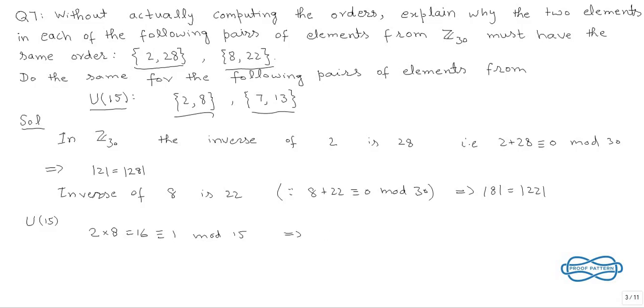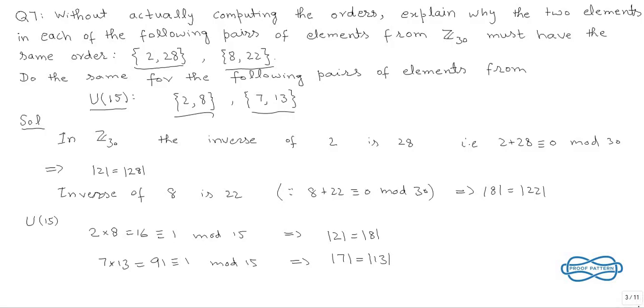This means the order of 2 is equal to the order of 8. And similarly, 7 and 13 are inverses of each other under multiplication modulo 15, because 7 times 13 is 91, which is congruent to 1 mod 15. This means the order of 7 is equal to the order of 13.